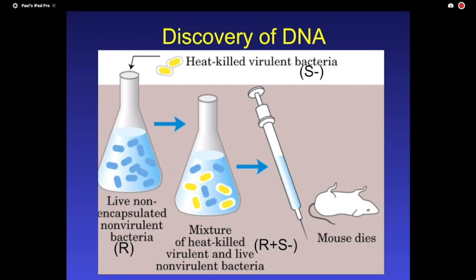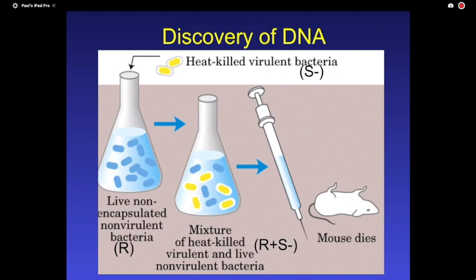And the mixture of two species that don't kill the mouse kills the mouse. So what was proposed was that something from the heated S version was transferred into the R version that made it deadly. That's what they concluded. And so they tried to isolate different pieces of the puzzle.